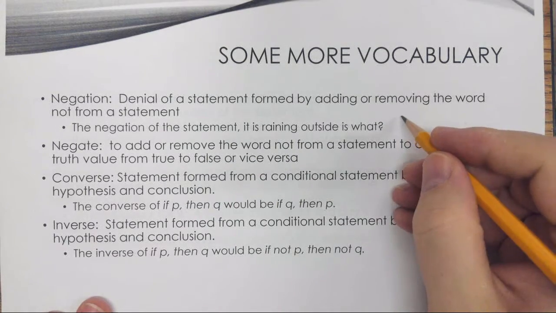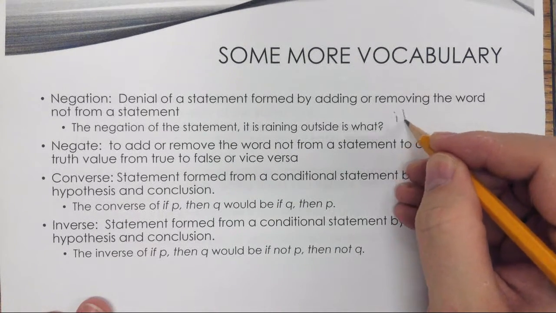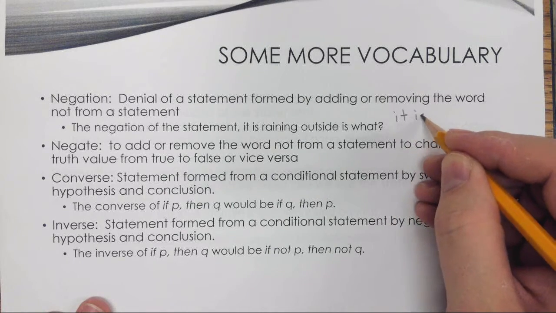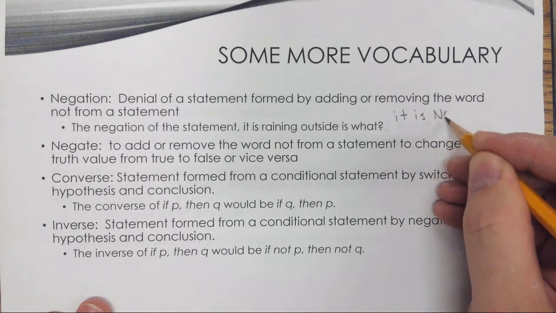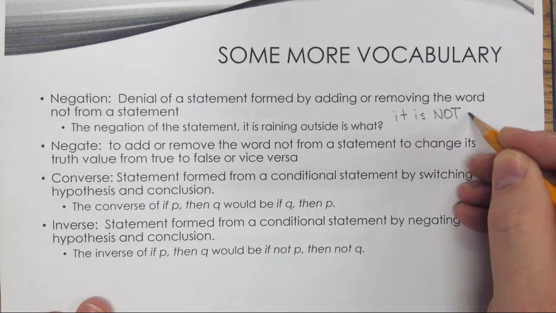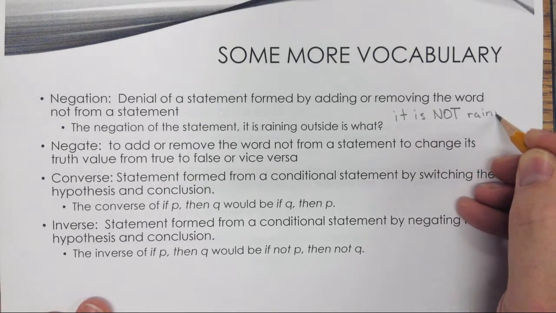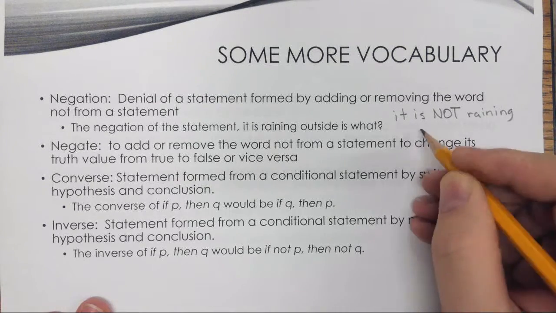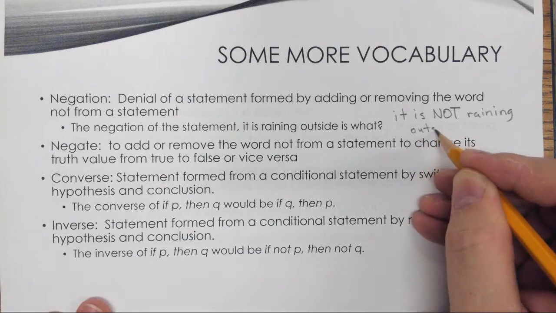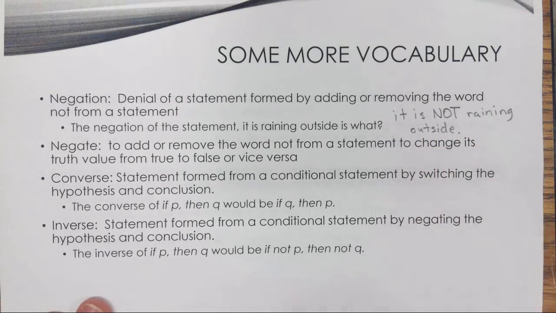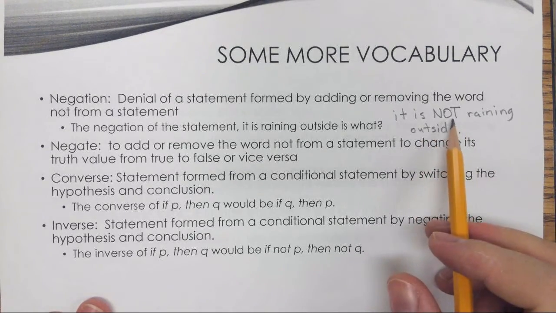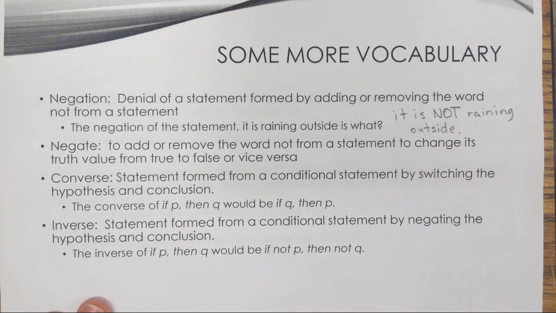Well, I hope you're thinking to yourself that the negation of that is it is not raining outside. So the negation is just adding the word not or removing the word not from a statement.